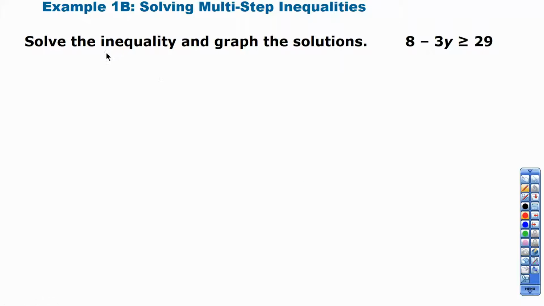So, solve the inequality and graph the solutions. First thing I want you to do is take notes on this. So you're going to go ahead and set the date.